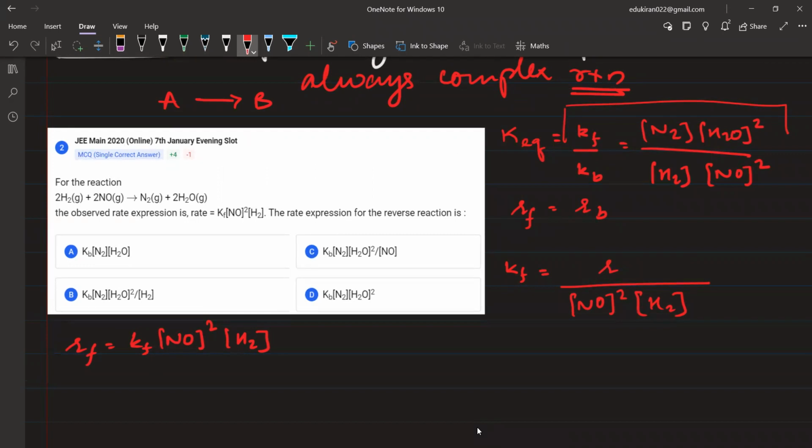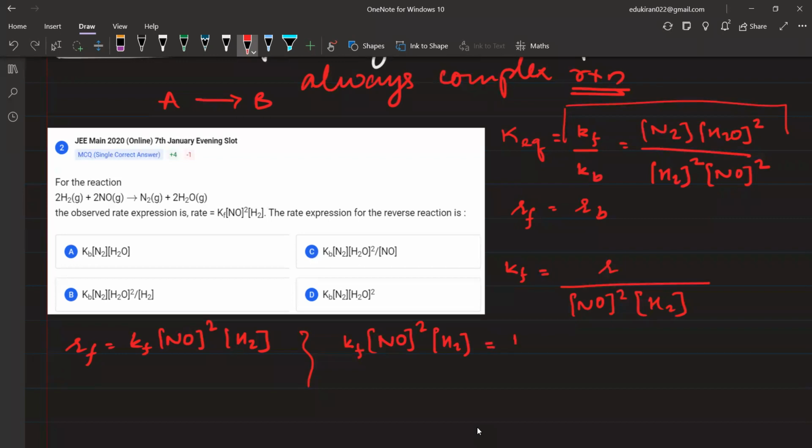NO का स्क्वायर ले आइए, KF into NO square into H2. H2 का भी स्क्वायर होगा ना, ठीक है, into H2 का स्क्वायर. KF into N2 into H2.